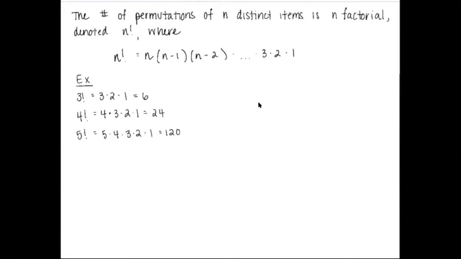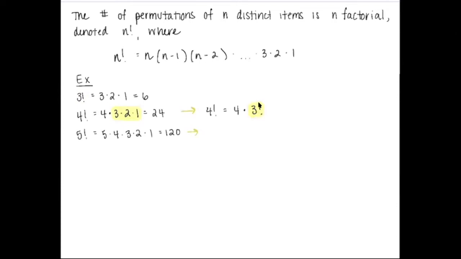The other thing that's kind of unique is if you look here, you have 3 times 2 times 1. That's exactly 3 factorial. So what you can actually do is, 4 factorial is 4 times 3 times 2 times 1. You can pick off that top number and get the next number factorial. Same thing down here.